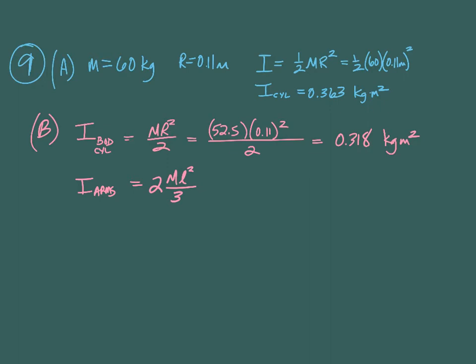So here we have 2/3 of this, 3.75 kilograms, and the length of these things is 0.9 squared. So that means the rotational inertia of the arms is 2.025 kilogram meter squared.